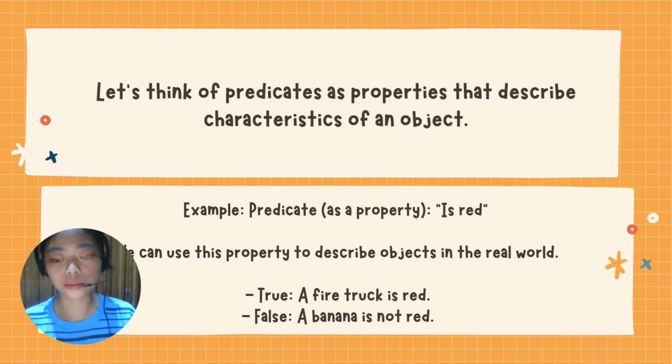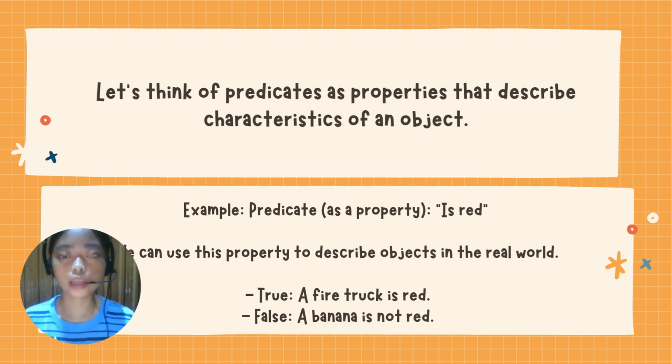Another predicate as property is "is a mammal". The application describes a dog, a cat, or a human. Lastly, predicate as a property is "is a prime number". The application describes a mathematical property of certain numbers.